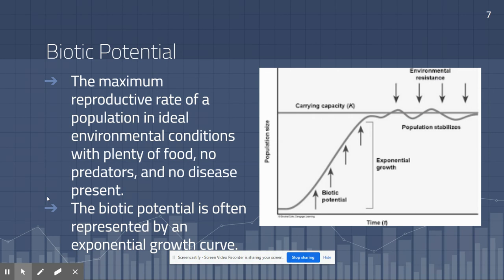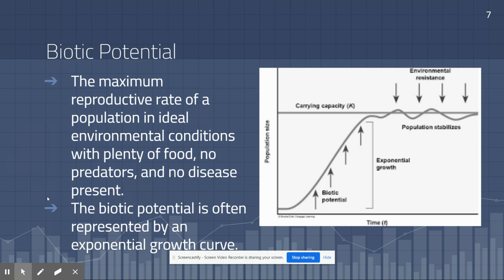The term biotic potential is something that you should be familiar with. So the biotic potential is the maximum reproductive rate of a population in ideal environmental conditions. And so when we say ideal environmental conditions, we mean there's plenty of food, no predators, no disease, kind of the best possible case scenario within the ecosystem.